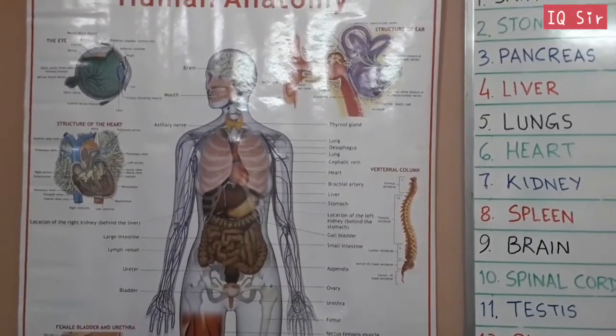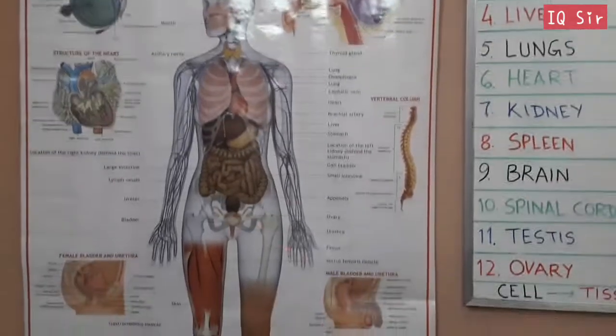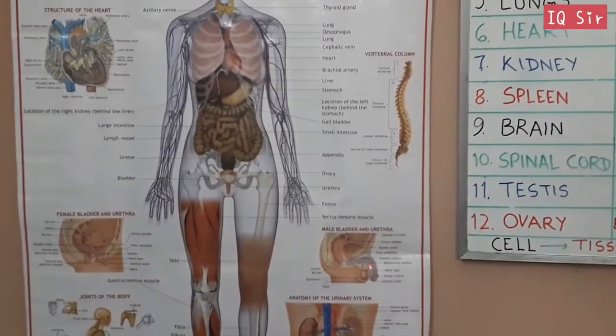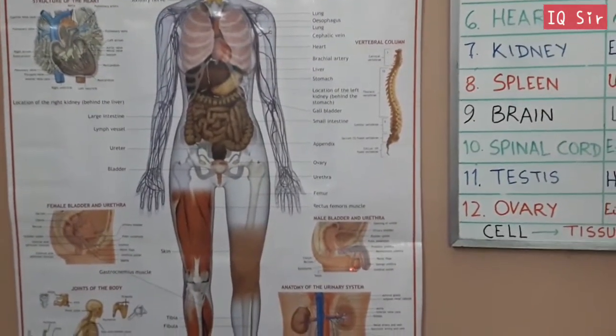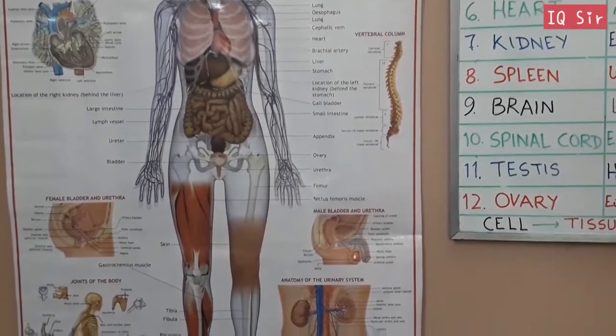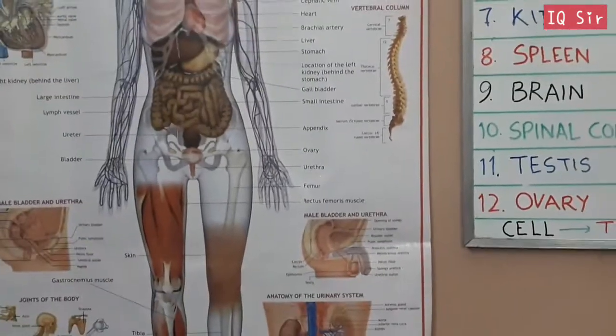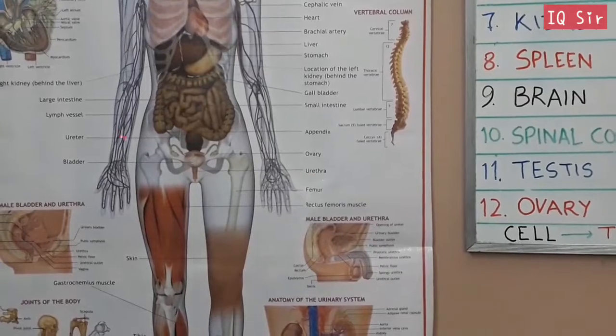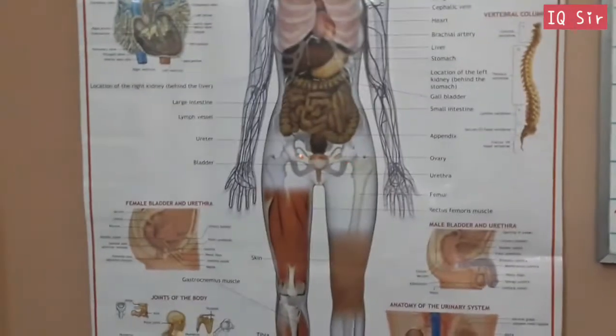The testes, since it is a female body, are in the scrotum, here just below the penis, and the ovary is present on either side of the lower abdomen in the female.